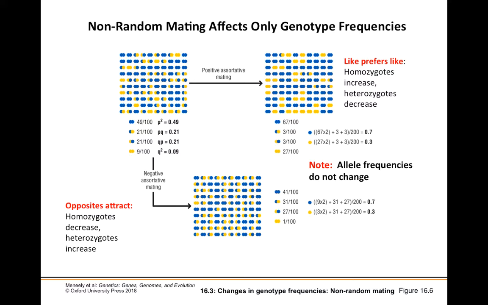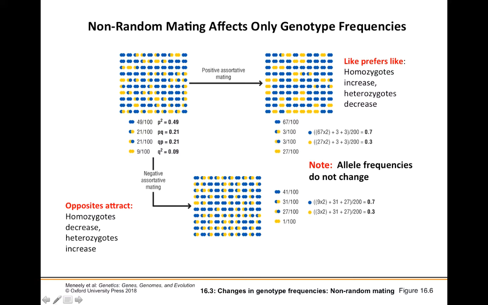Non-random mating is the 5th, and it was the first one that was listed in that table, but it's the first one that we'll go into in depth. And this is a situation where genotype frequencies are changed because like individuals prefer like individuals. Homozygotes tend to increase, heterozygotes will decrease.